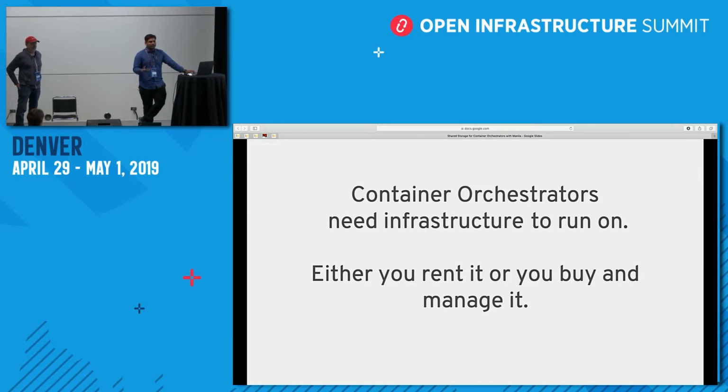But the truth of the matter is that container orchestration is built around the need for a cloud underneath it. And the cloud underneath is providing the infrastructure, whether bare metal or some sort of virtualization, for the container orchestration itself to consume as resources.